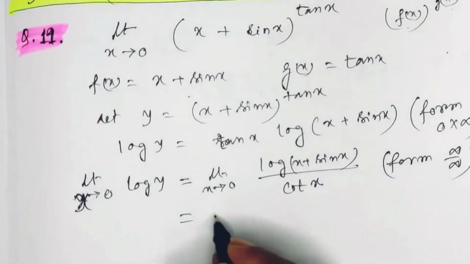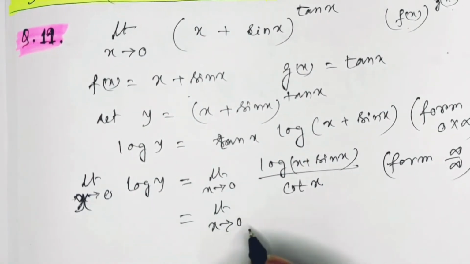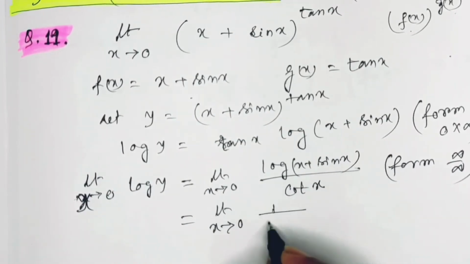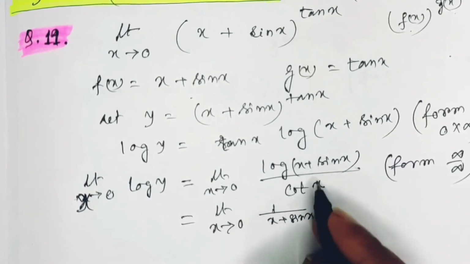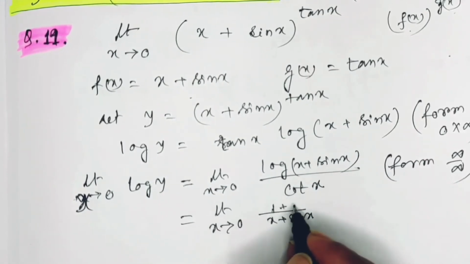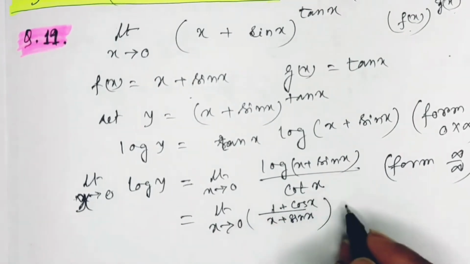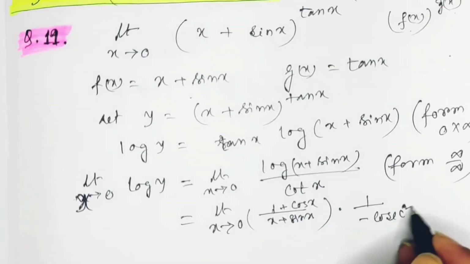So now we take the derivative of the denominator and numerator. For the numerator we find 1 upon x plus sin x times its derivative, which is 1 plus cos x, and for the denominator it is 1 upon minus cosec square x.